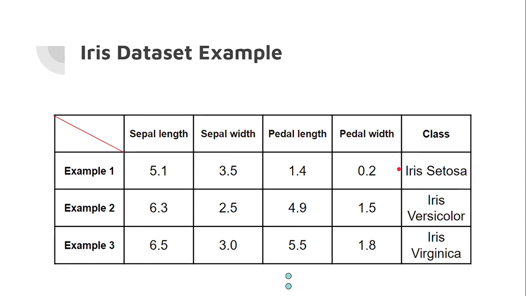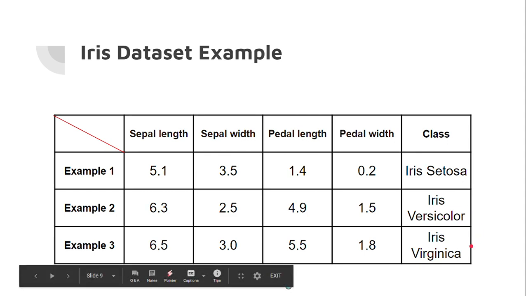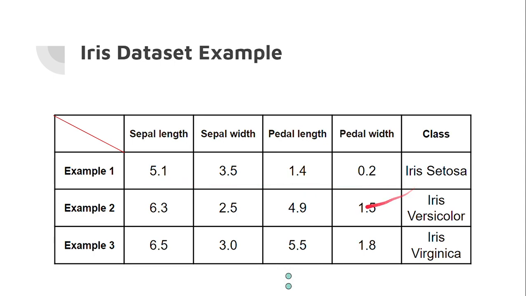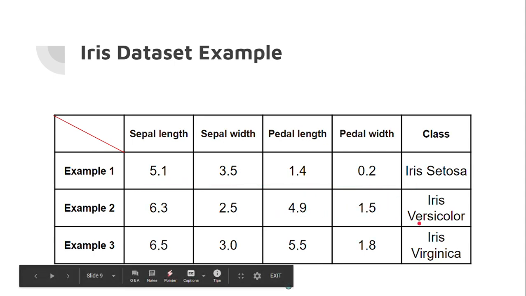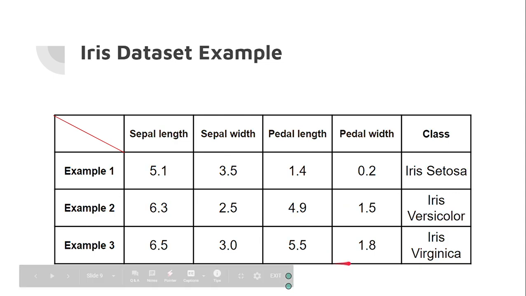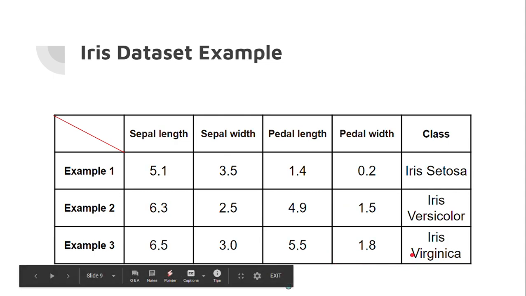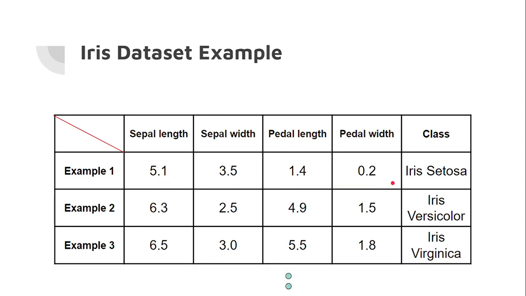So in the iris dataset, you're given 3 different classifications: the Iris setosa, the Iris versicolor, or the Iris virginica. And all the flowers in the dataset fall under one of these 3 categories. What we can see here is that the first flower corresponds to Iris setosa, the second flower corresponds to Iris versicolor, and the third flower corresponds to Iris virginica. What that's basically saying is, given these 4 different values, I can predict what class this is going to be in.